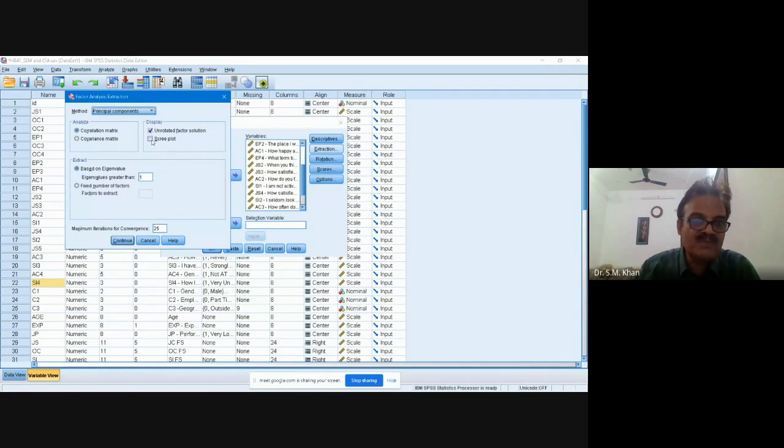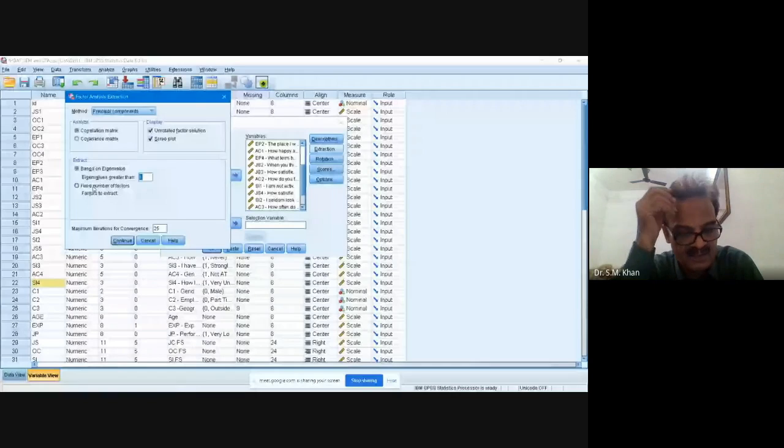Then you can also go for the scree plot. It will help you see how many factors are sufficient to explain the large amount of variance into the employee retention of the employee. Scree plot. How many factors or dimensions are sufficient. For extraction, there are two methods. Eigenvalue one, and another is fixed number of factors.